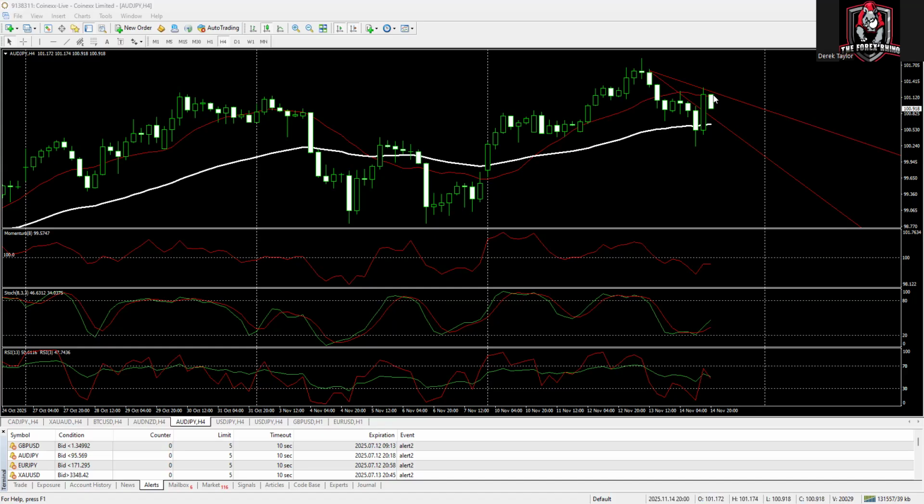So what I'm trying to show you guys is the fact that the 50, right, and the stochastic are going to align in most cases. In most cases. In this case, this money here returned.